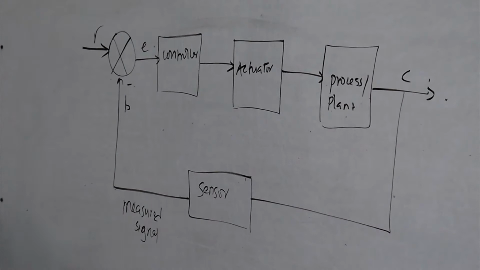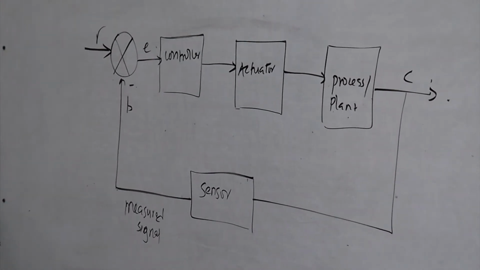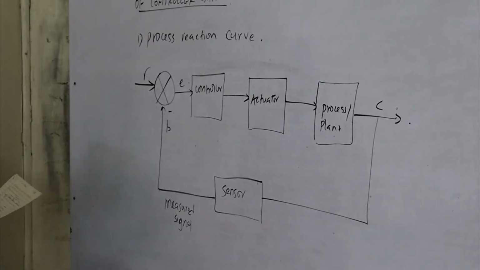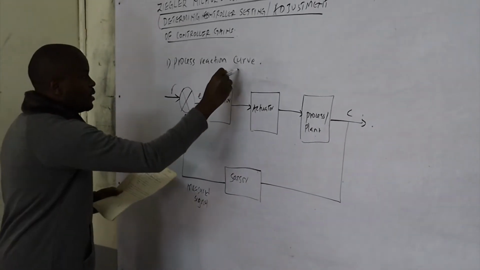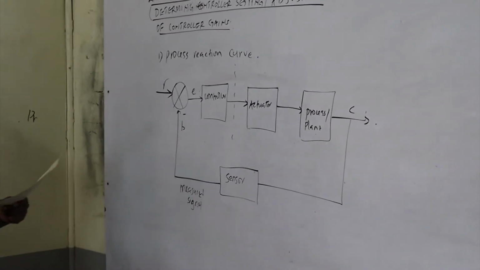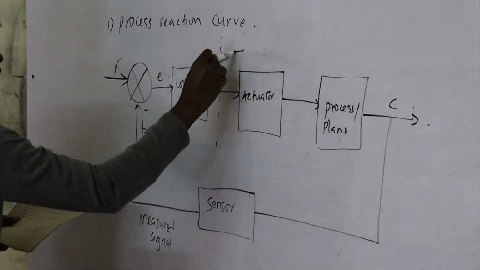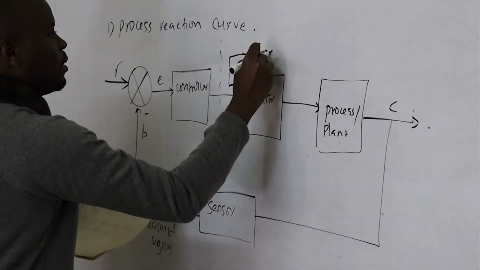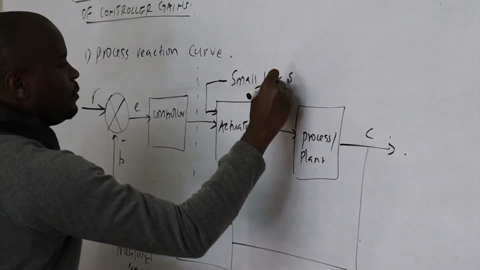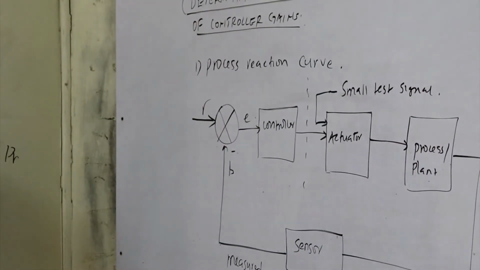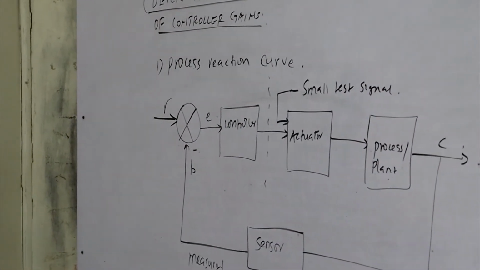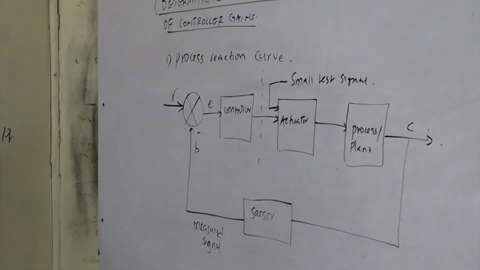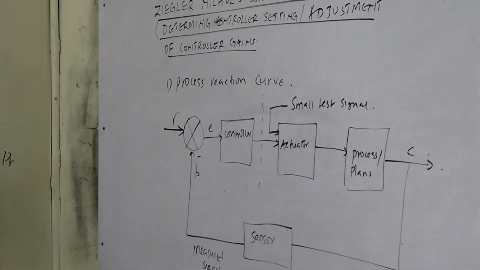In this method, we usually open up the control loop at this point, and then we feed a small test signal through it. A break is created between the controller and the actuator, as illustrated in the diagram.